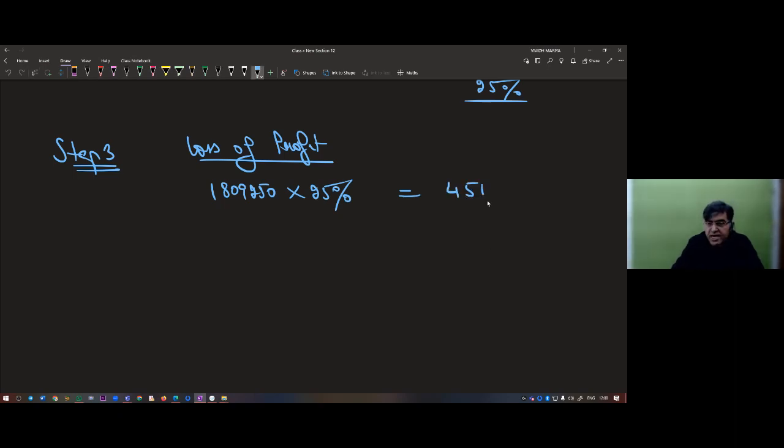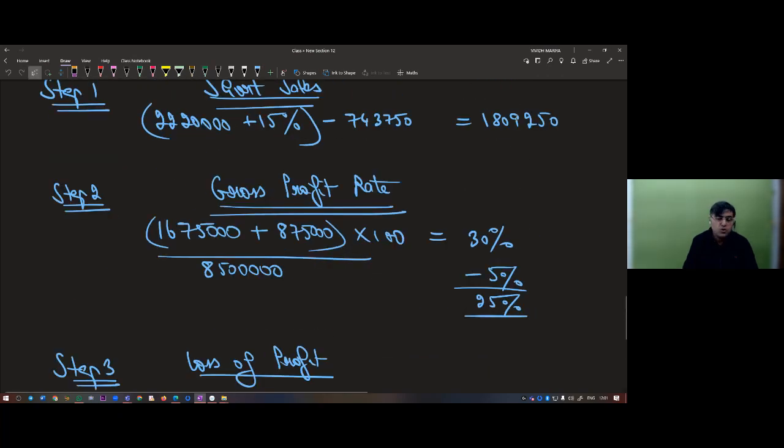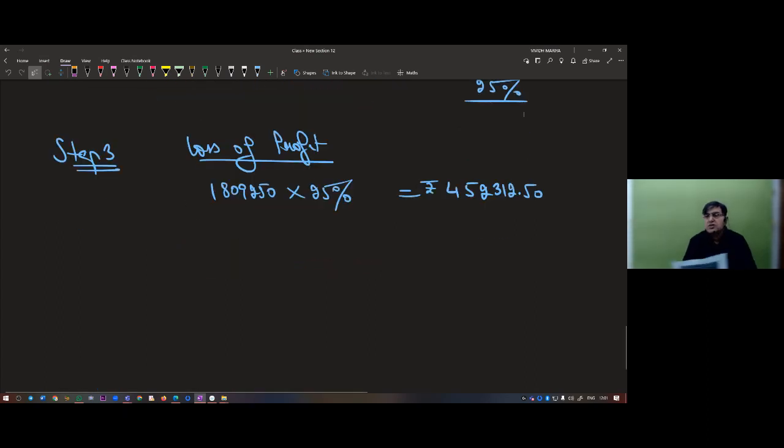It is 4,52,312.50 paisa. That is the answer. 1809250 into 25% is 452,312.50.